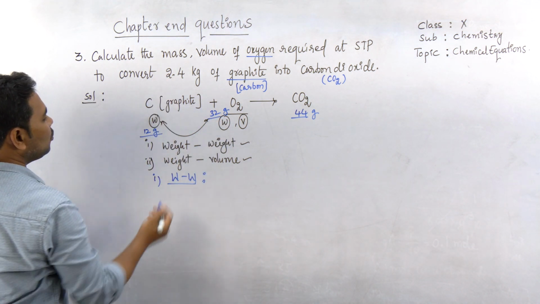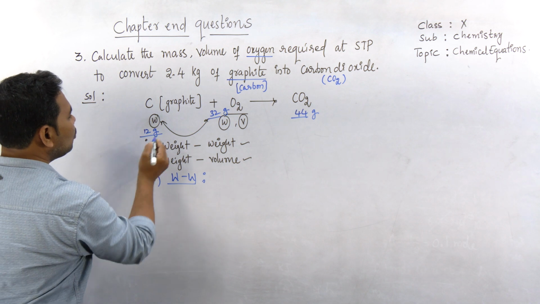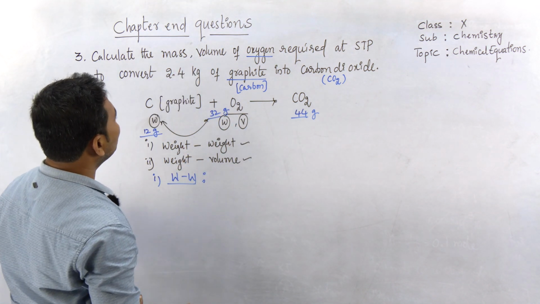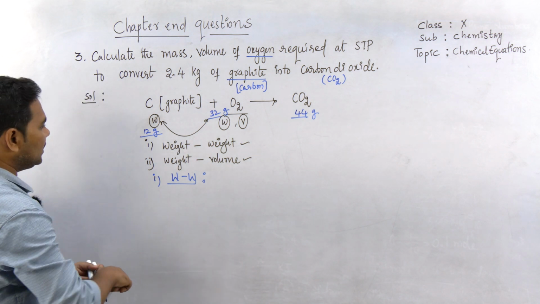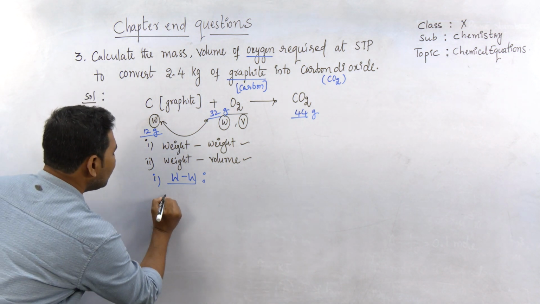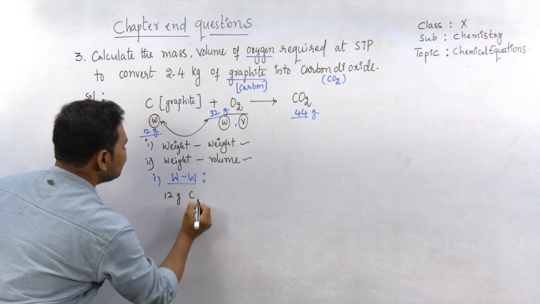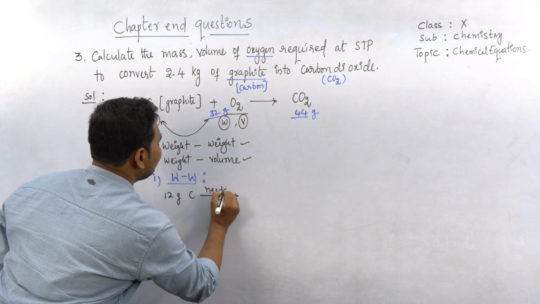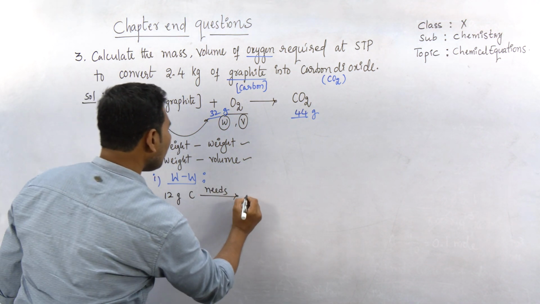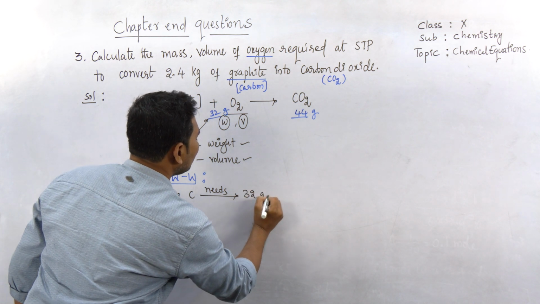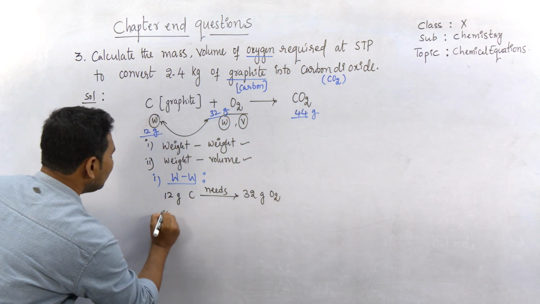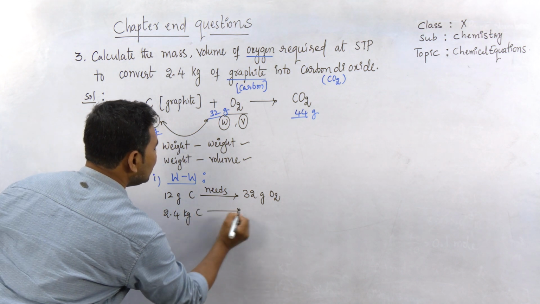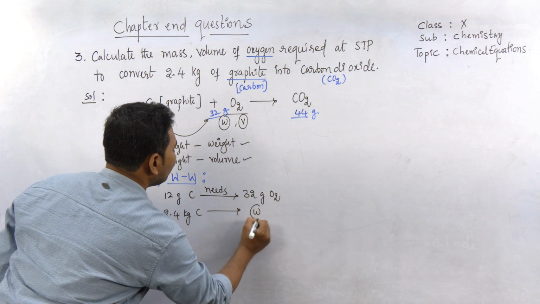Then what weight is given? 2.4 grams. Then given weight is 2.4 grams, and what weight of oxygen is required for this? So let us write from this: 12 grams of carbon needs 32 grams of oxygen. Then 2.4 grams of carbon needs what weight of oxygen?